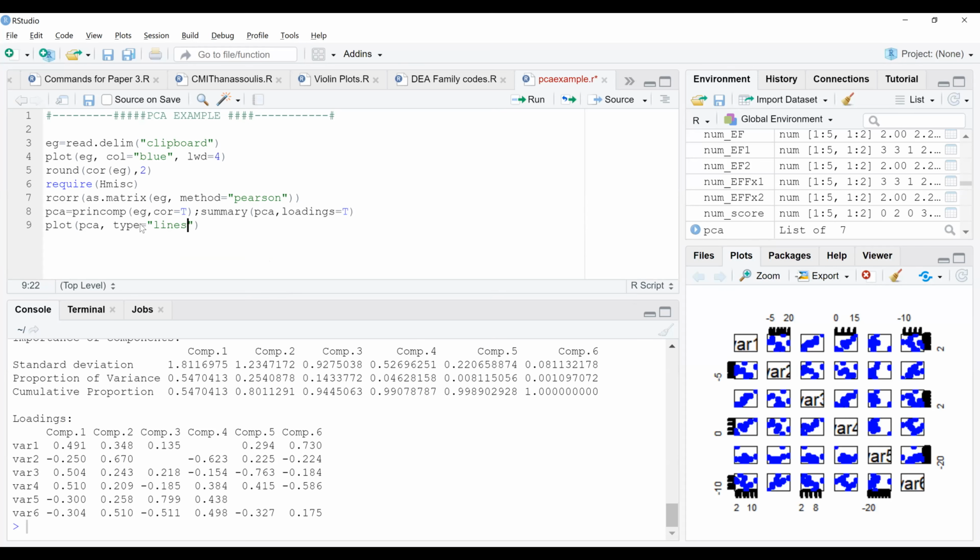In other words, we want to draw a line, and we want to give it a color. So you do comma, and then type col equal to red. You can use any color. Then you do comma, and then you can add a line width, lwd, and give it say 6 or 4.